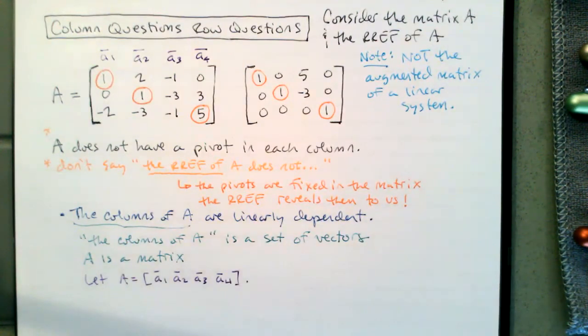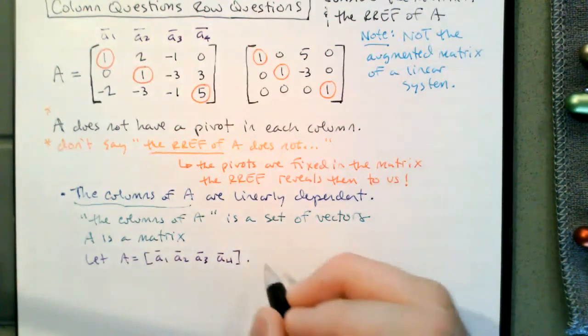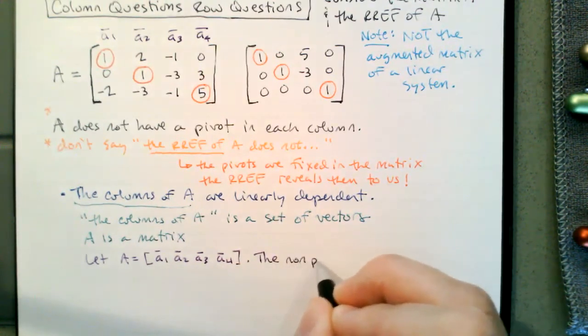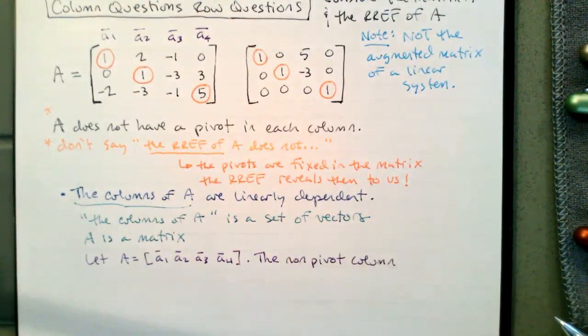The reduced echelon form shows us a dependence relation among the columns of A. In that third column we have 5, -3. That shows us that A3 is 5 times A1 minus 3 times A2. So the non-pivot column shows us a dependence relation.